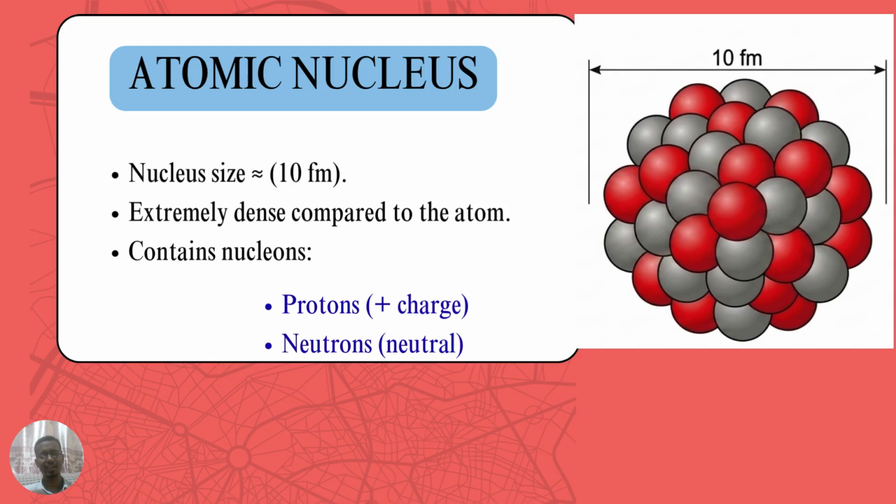So it is extremely dense compared to the atom, and it contains nucleons, proton and neutron, which were discussed earlier. The largest atomic nuclear size is 10 femtometer.